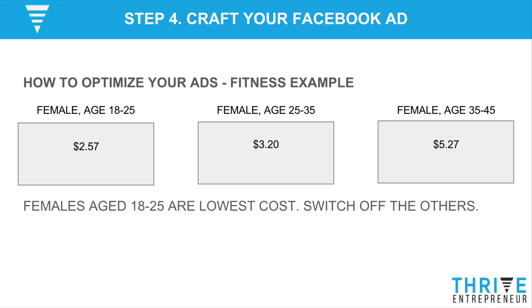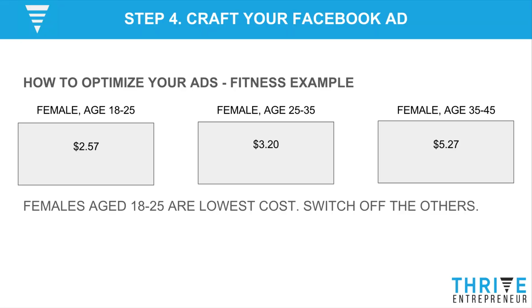What we found with our particular bait, our offer, in this example, was that we're getting $2.57 when we targeted the 18 to 25 year olds only. If we target the 25 to 35s, it costs us $3.20 per lead. And when we targeted females 35 to 45, it cost us significantly more, more than twice the price.